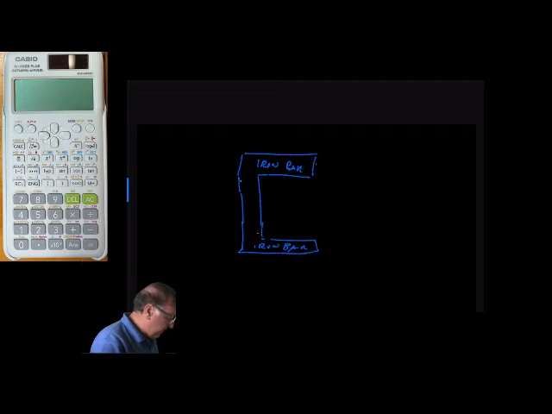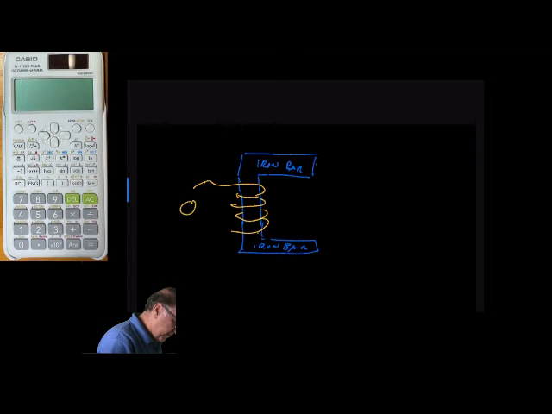And we put an electrical coil around it, and with the current source, what do we have?